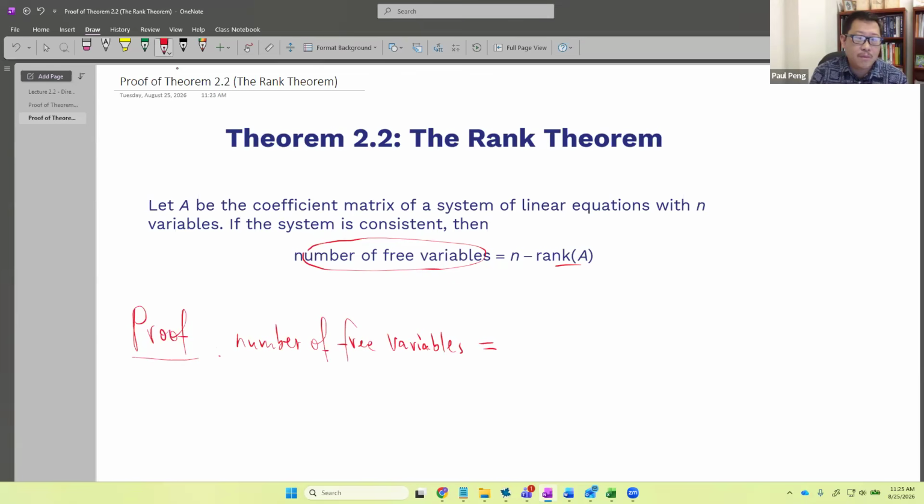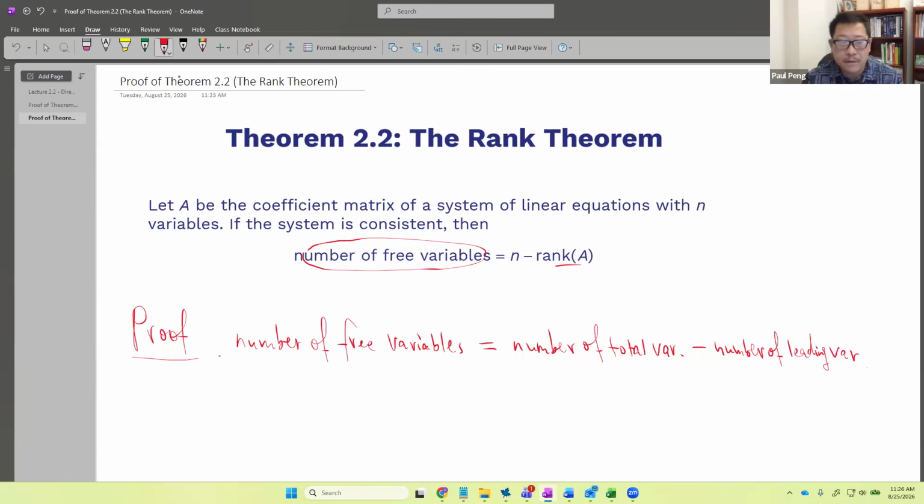And the total number of variables is determined by how many columns are in the coefficient matrix. So the number of free variables equals the number of total variables minus the number of leading variables.